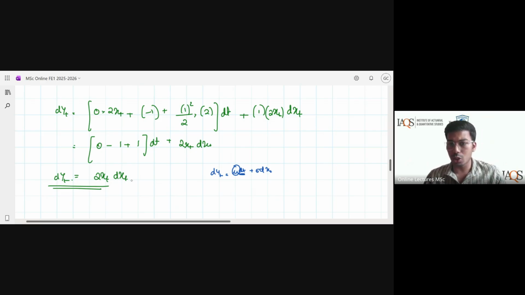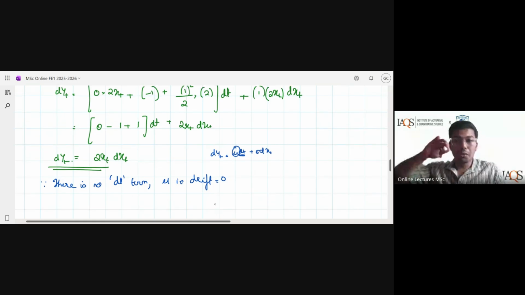The mu parameter is 0. Therefore, since there is no dt term, mu, i.e. drift, is equal to 0. Now, is it ringing any bell? If drift is 0, can I say the process is a martingale?